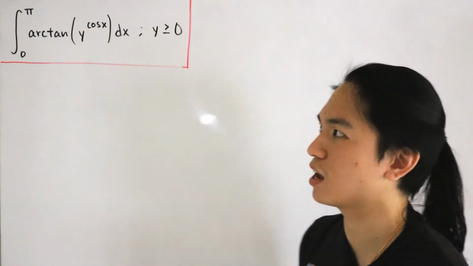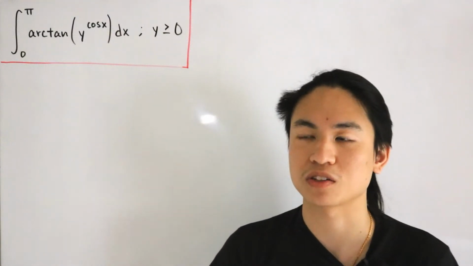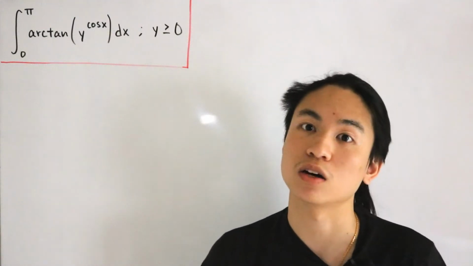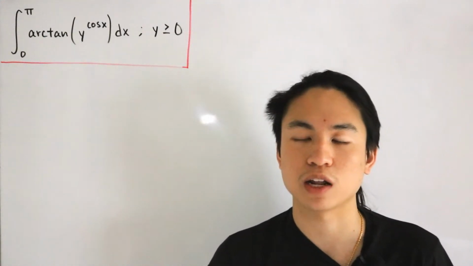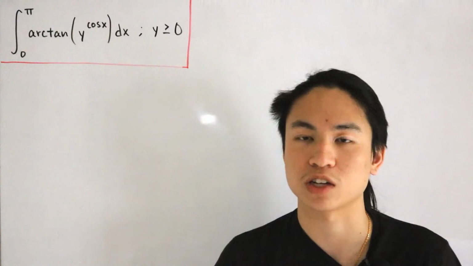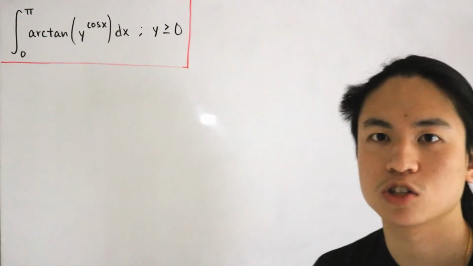If I cover the negative case at some point, hopefully that would be awesome. But just letting you know ahead of time that the identity we'll be using is for greater than 0, which is applicable in the situation we'll be working with. So anyways, let's jump right in.